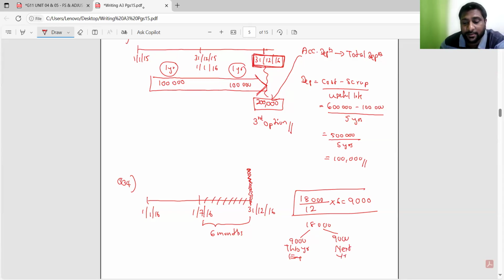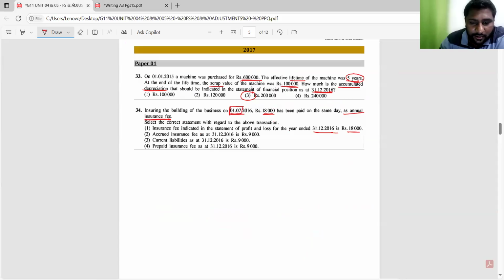That means future expense paid early. Future expenses paid early, we call it prepaid expense. So this is wrong. For the income statement, 9,000 is the expense. Not accrued insurance. It is prepaid insurance.